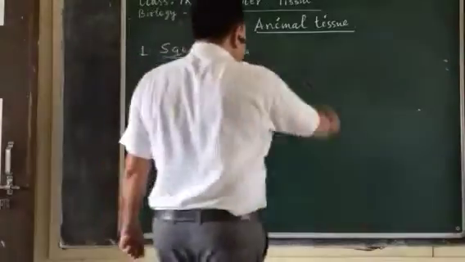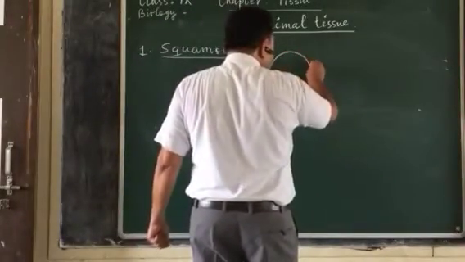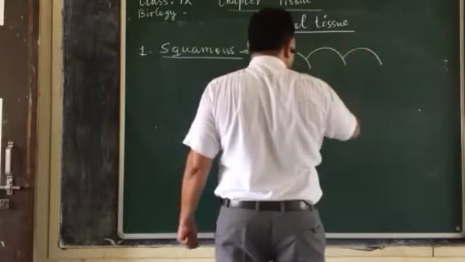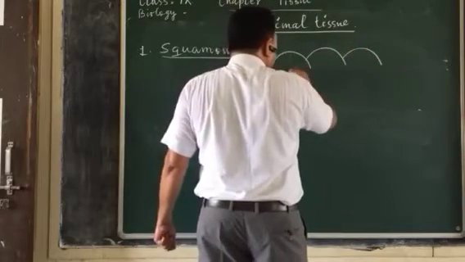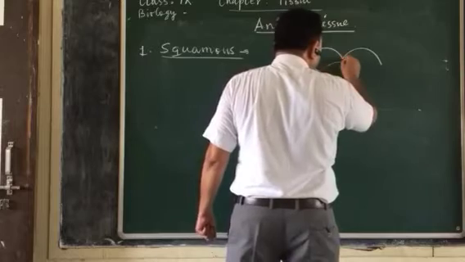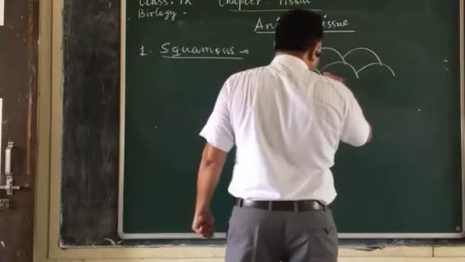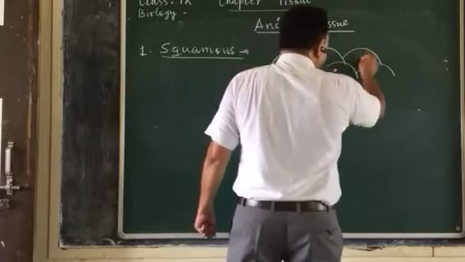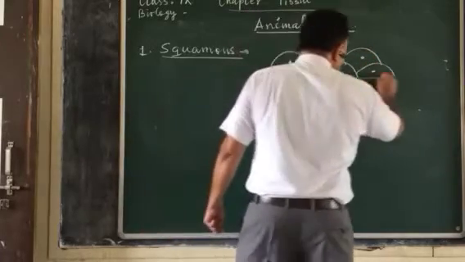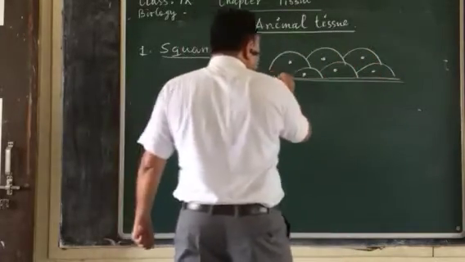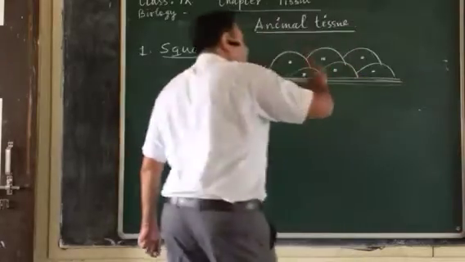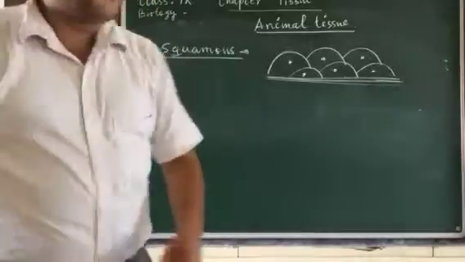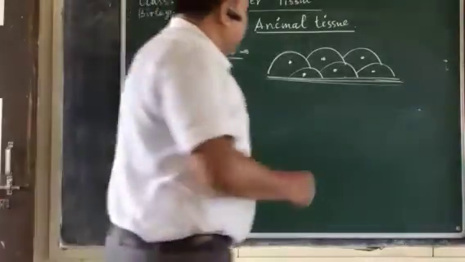This squamous epithelial cell is like this. They are arranged in such a way that one can say seeds are present on the bed.